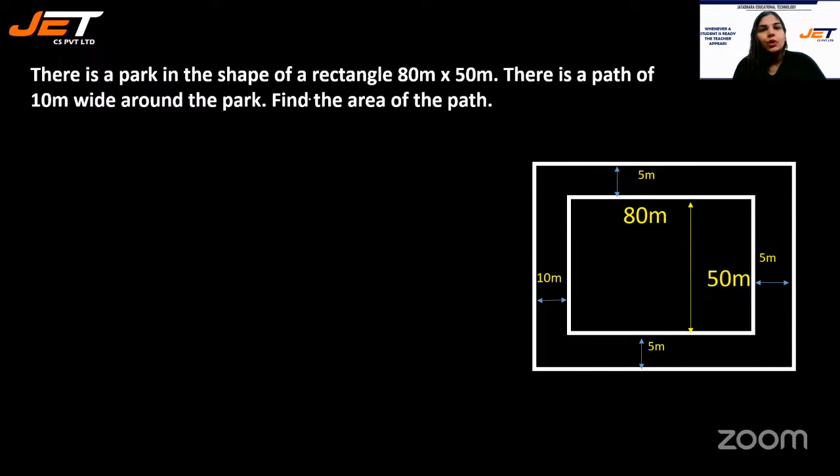Okay, so over here, let's do this. Area of the outer. We have to find the area of the inner. And then we have to find the area of the path.